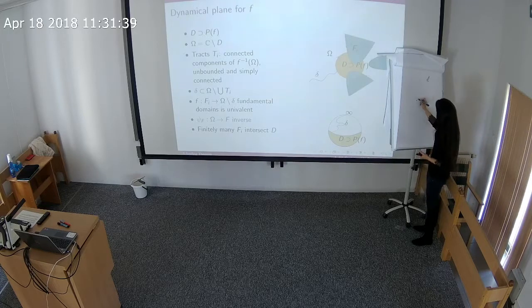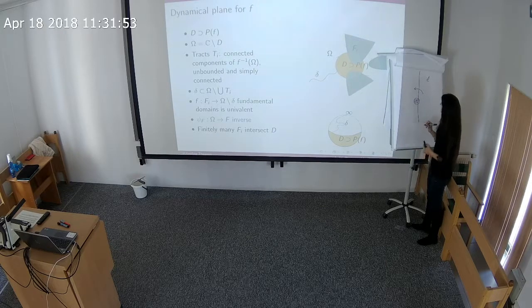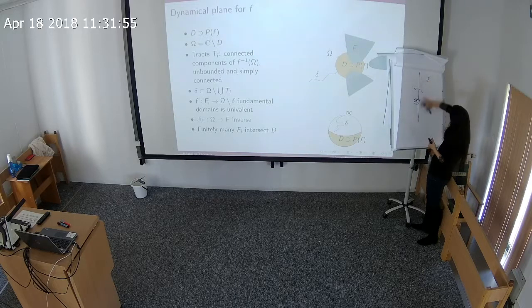Because if you take a small neighborhood of 0 and you cut it out, the preimage of the complement is a right half plane. And so this right half plane maps all around this little disk that you can imagine you cut out.